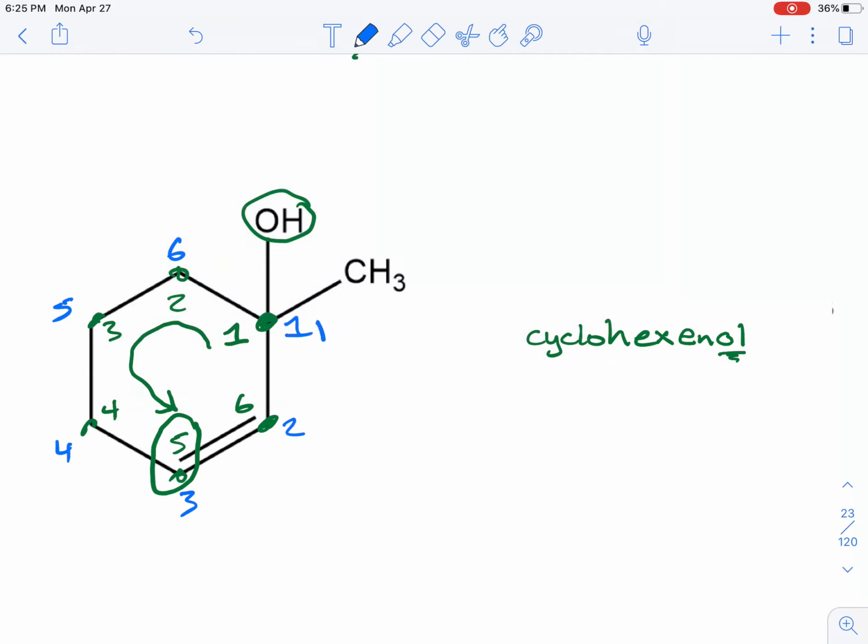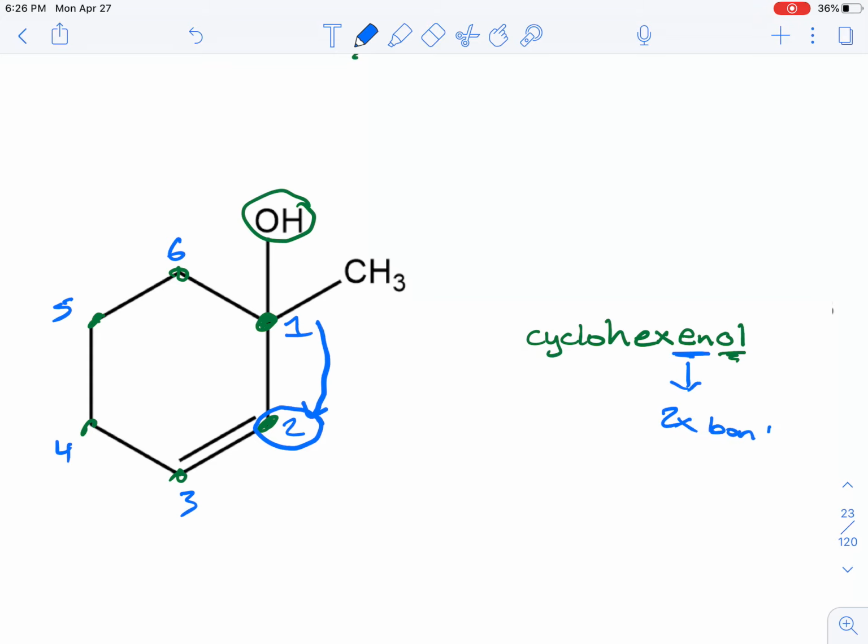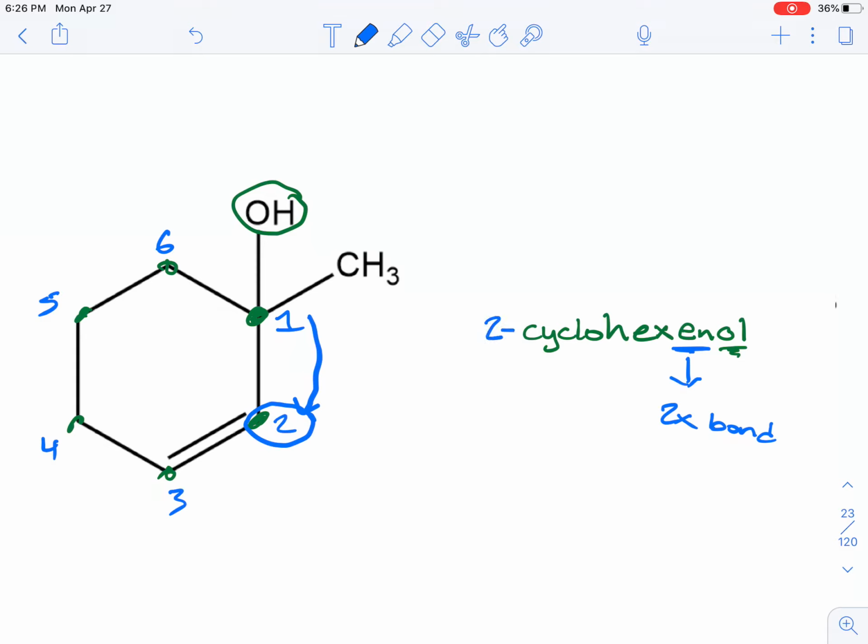If I go clockwise, carbon number 2 is where my double bond will start. Since 2 is less than 5, my numbering system in green is wrong. So I will have to communicate to the reader that this ene, this double bond, is going to start at carbon number 2.